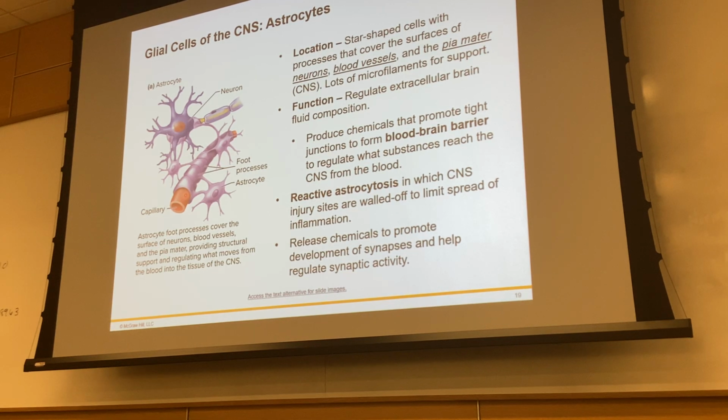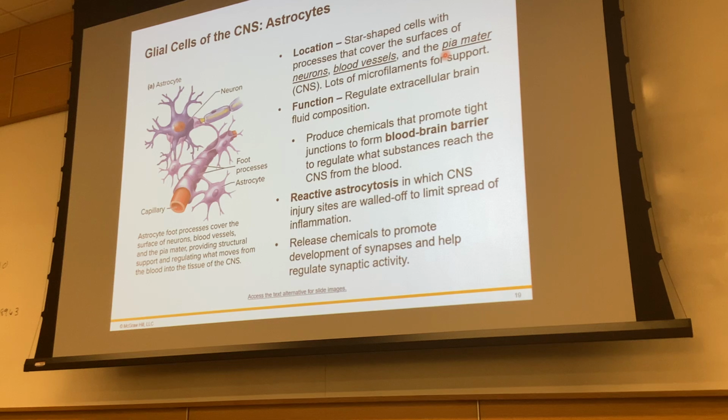That blood-brain barrier is an important, critical element of the brain itself. In other words, it's not found elsewhere in the body. It also forms another layer of covering on the brain, and that's called the pia mater.